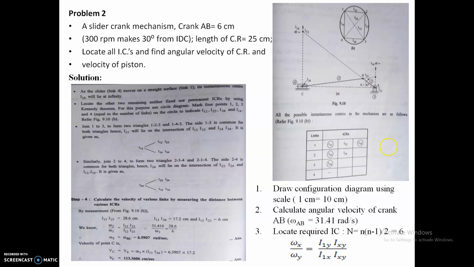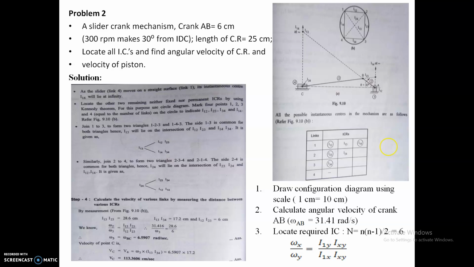Now what is the unknown? The unknown is the angular velocity of link number BC, that is link number 3. So again we have the angular velocity ratio theorem, where omega x upon omega y is equal to I1y Ixy divided by I1x Ixy. This is the standard formula. You take x equal to 2 and y as link number 3.